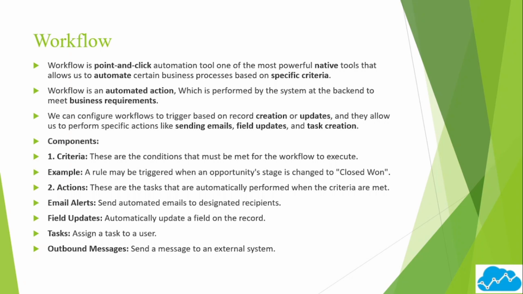So what are the actions? These are the tasks that are automatically performed when the criteria are met. So whenever the criteria is met, it is going to perform an action. The action may be an email alert. In the email alert, it is going to send automated emails to designated recipients or designated users. The automated action can also provide field updates, so automatically it is going to update a field for a particular record.